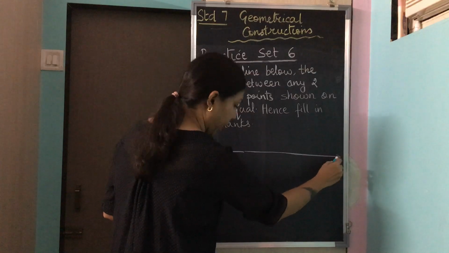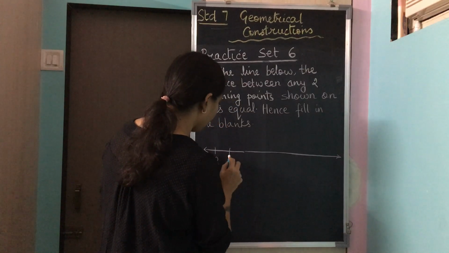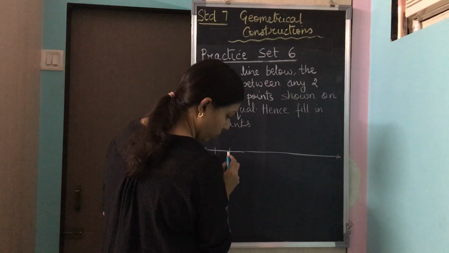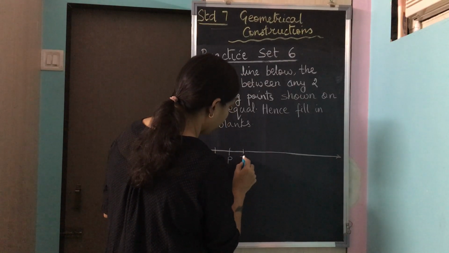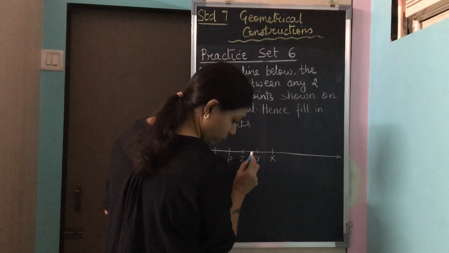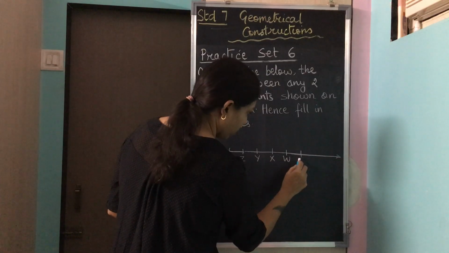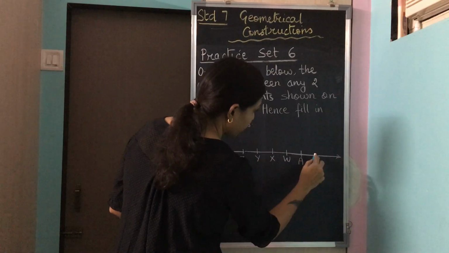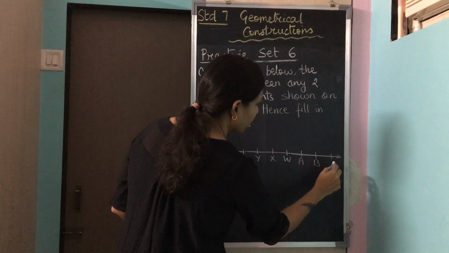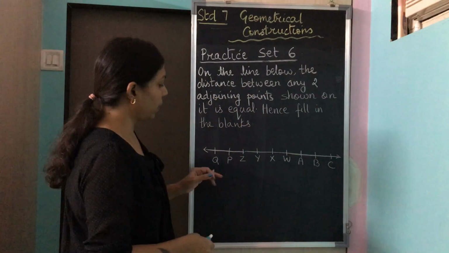Let me make the points which are shown over there. Okay, so these are the points which are shown on the number line.